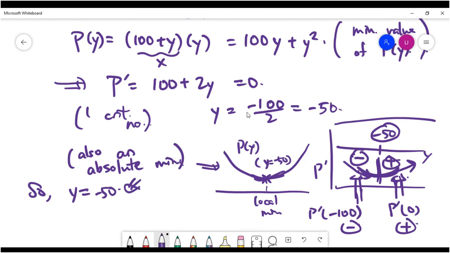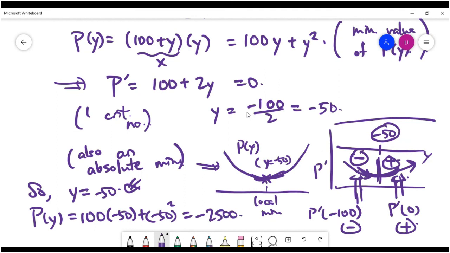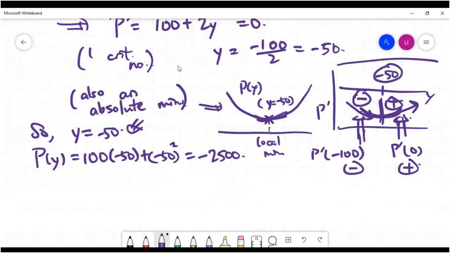So let's compute this. P of y is actually the same as 100 times -50 plus -50 squared, and it's going to be -2500. And it is the minimum product that we can get for the pair of numbers we have. And what is x?